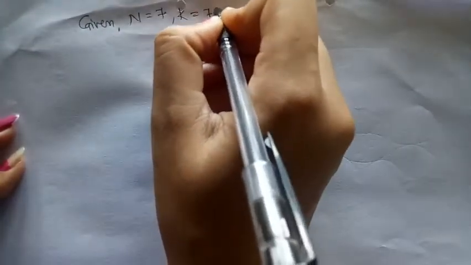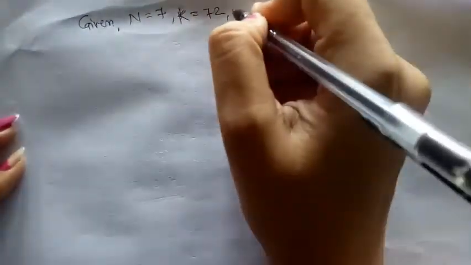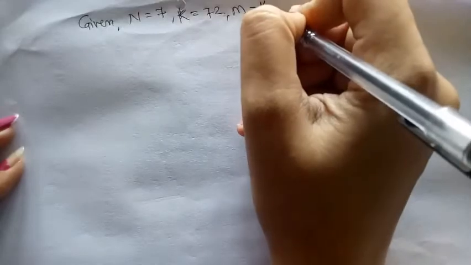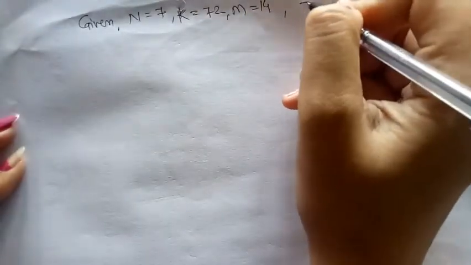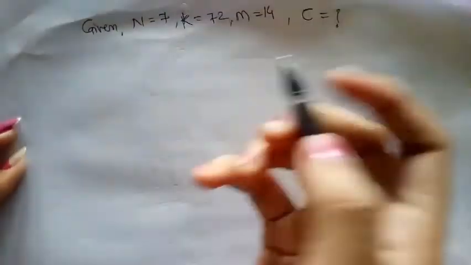If N is equal to 7, K is equal to 72 and M is equal to 14, then what is the total capacity, C equal to what? That is the question.